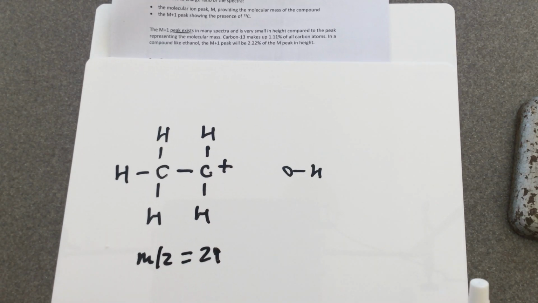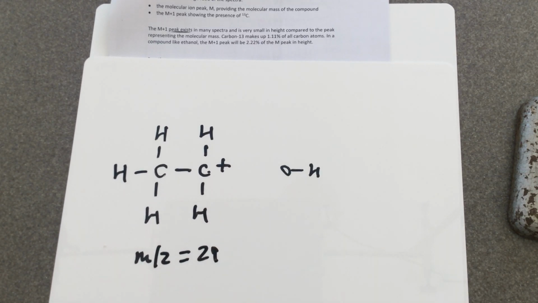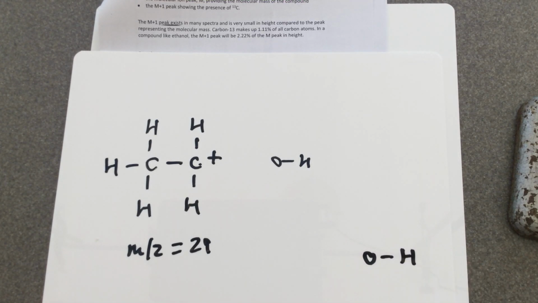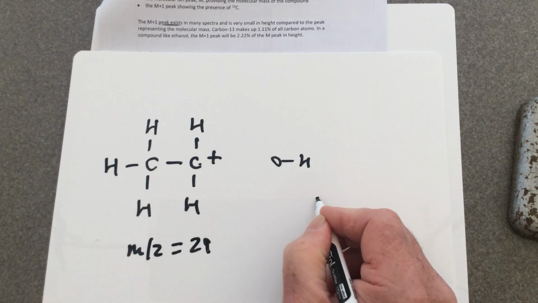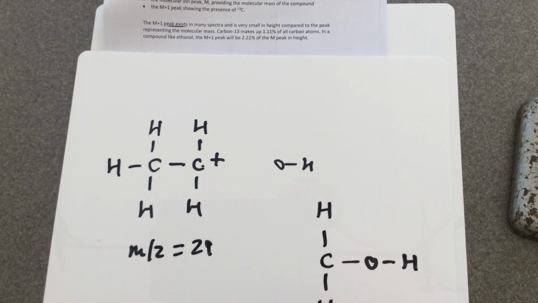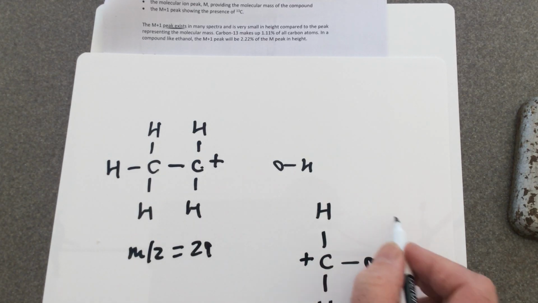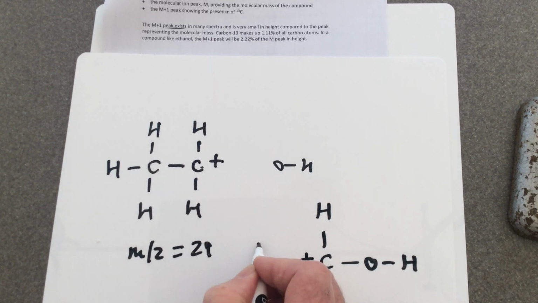At 31, well, how else could I break up my ethanol molecule to give a value of 31? Well, I'm going to start from the other end of the molecule. 16, 17. Add 12, 29, 30, 31. So I could think about that part of my ethanol molecule having positive charge.